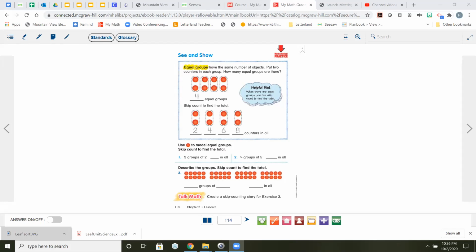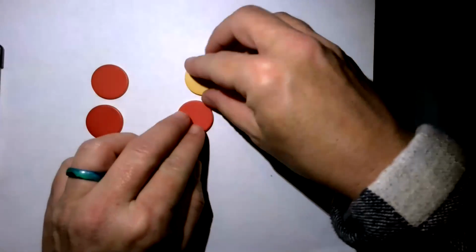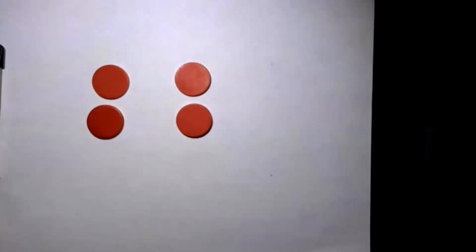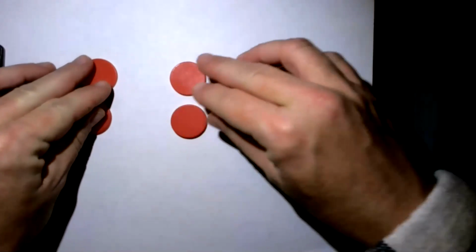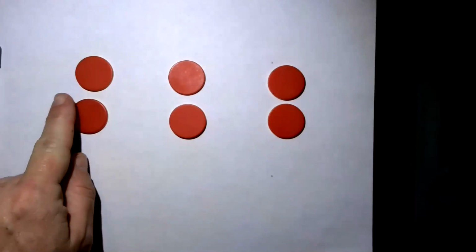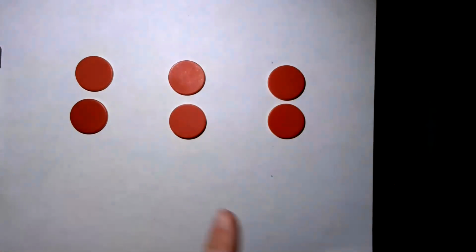I've got some counters out, and it tells us to make 3 groups of 2. I'm going to put 2 here, 2 here, 2 here. I'm not going to draw the groups. I'm just going to split them up.